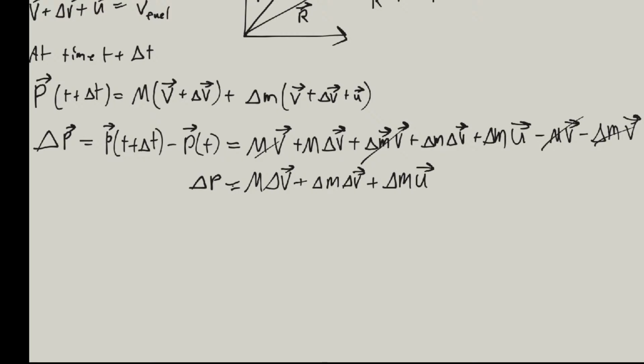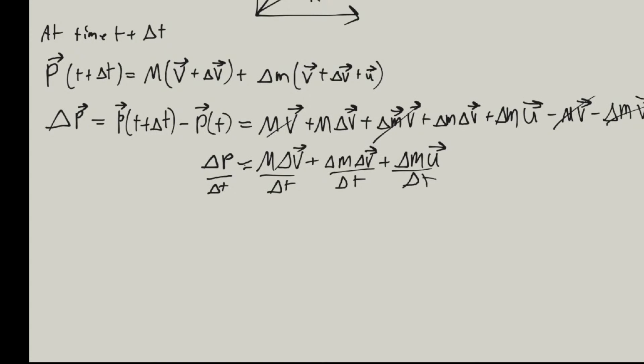Okay, now let us take the limit, the derivative. If we divide this side of the equation by delta t, and we divide this side of the equation by delta t, that's basically what I'm going to do. And then I'm going to take the limit as delta t approaches 0. So what will happen as delta t approaches 0?